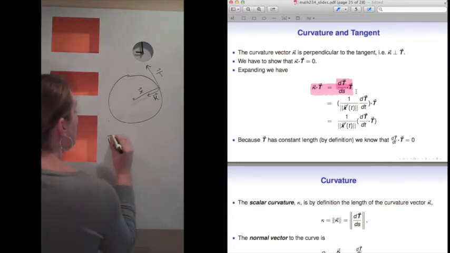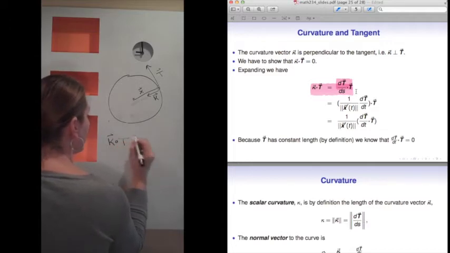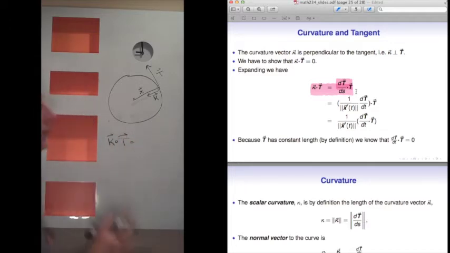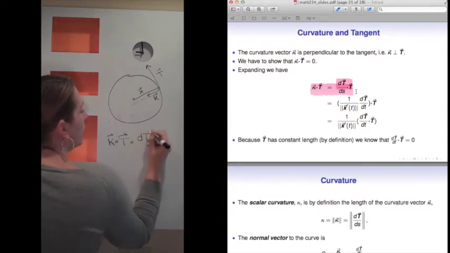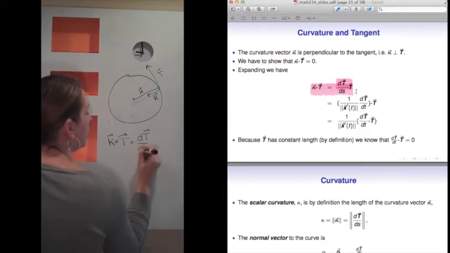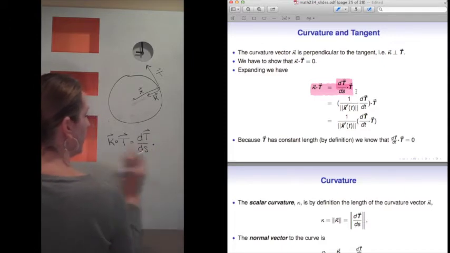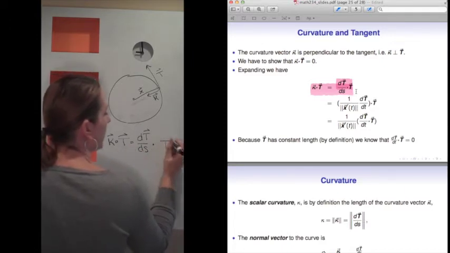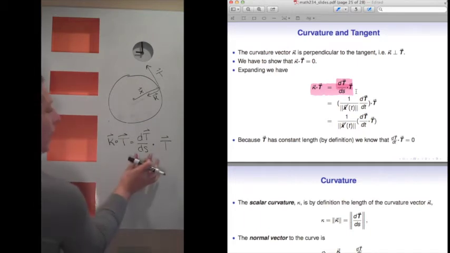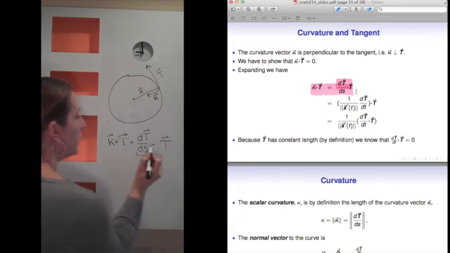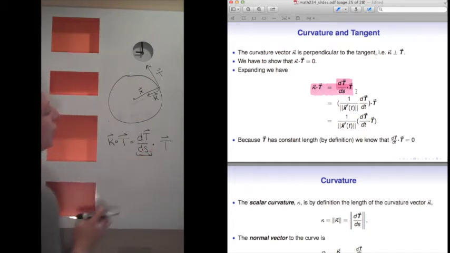So we want to do kappa dot t, and we want to rewrite our kappa as the derivative of t with respect to arc length, and then we're going to take its inner product with t. And we know a formula for this, like we figured this out. We know that to get this, we differentiate and then apply our correction term.